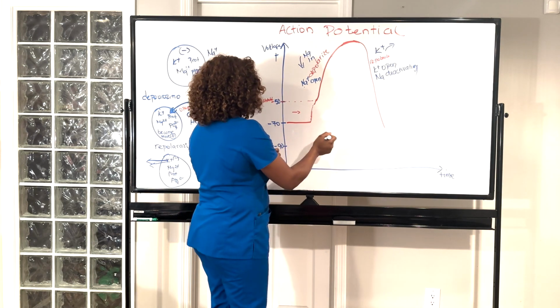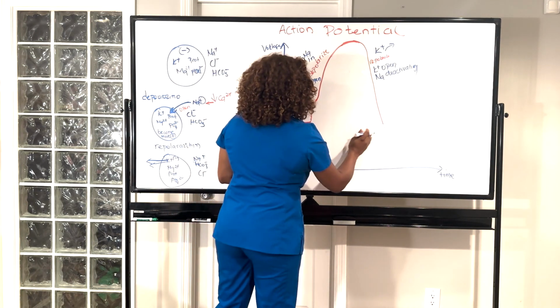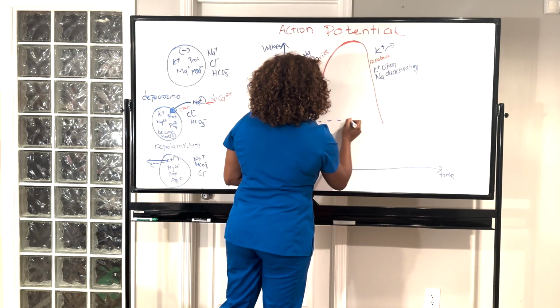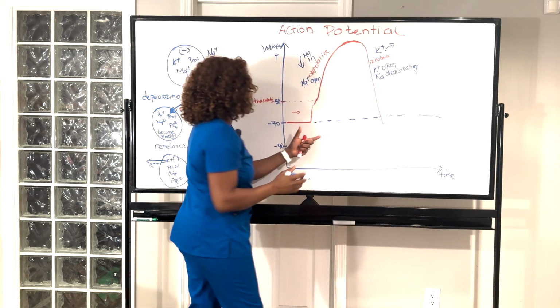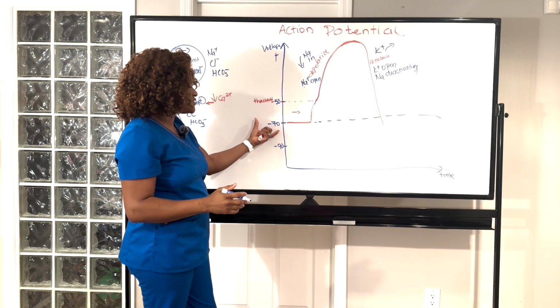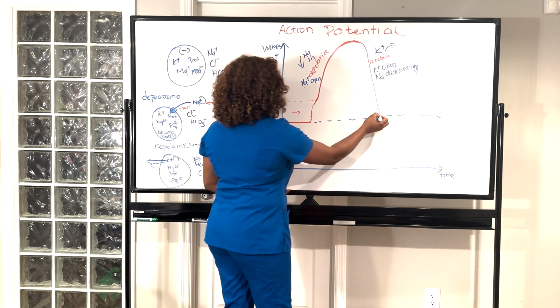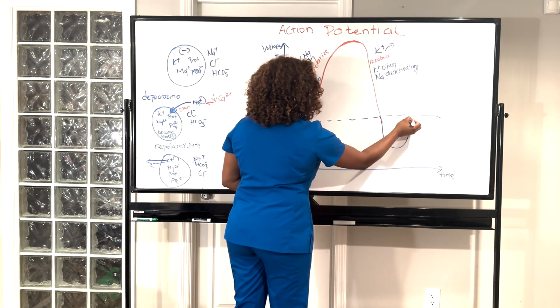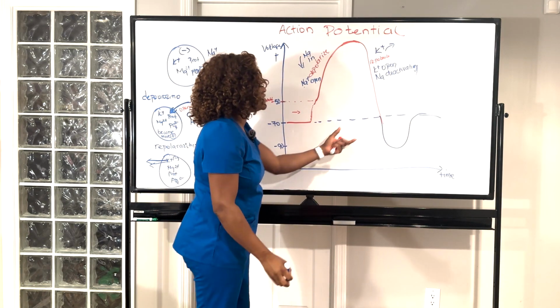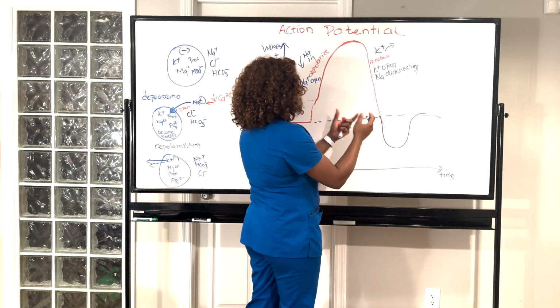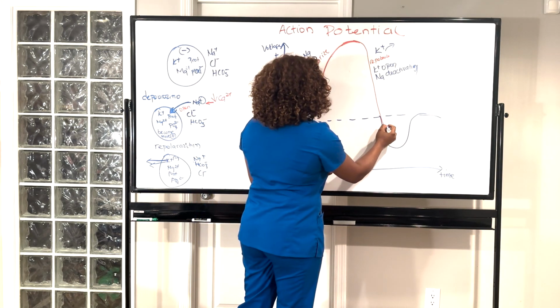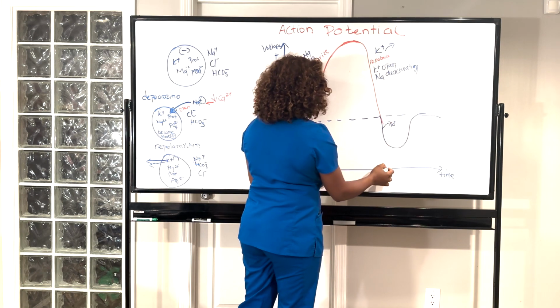Now, what happens sometimes when the cell tries to come back to its resting potential is that we can have a hyperpolarization. That means there is an extension of potassium going out. The potassium is still coming out here.